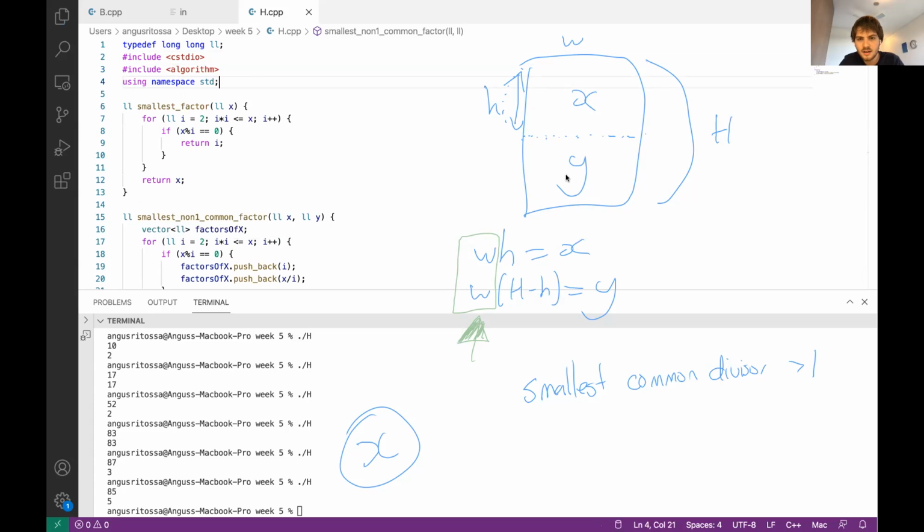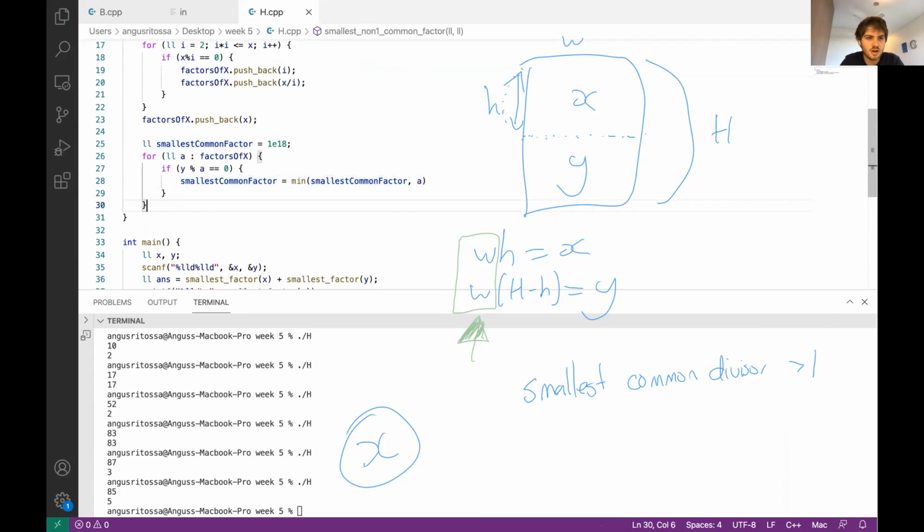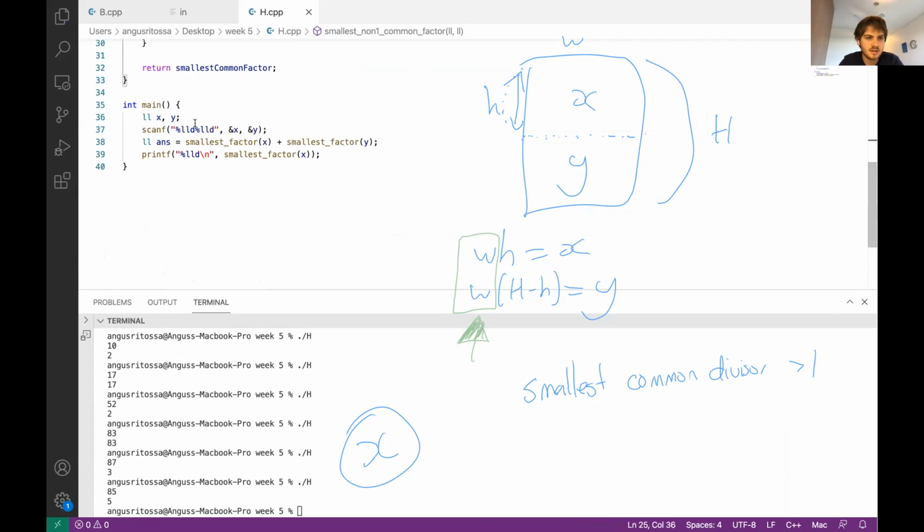Then we return the smallest common factor, and it'll return infinity, or 10 to the power of 18, if there's no common factor.